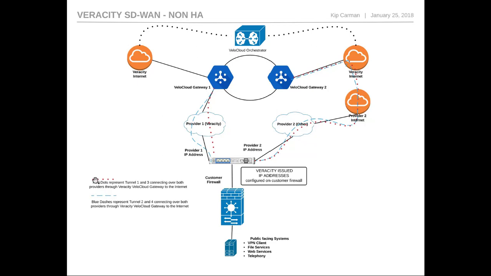In this drawing, you'll see that we have red dots and blue dashes. Those represent IP communication from the VeloCloud that is established up to the gateways. These are active sessions that are always nailed up, allowing communication and identification of the health of the circuit. So the VeloCloud Edge device, which gets installed on the premise, and the gateways are constantly communicating.